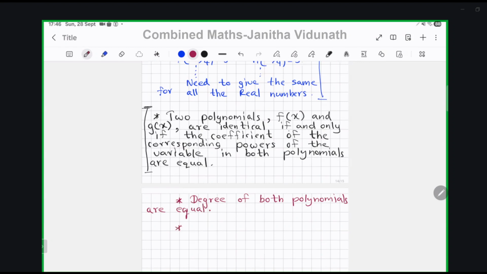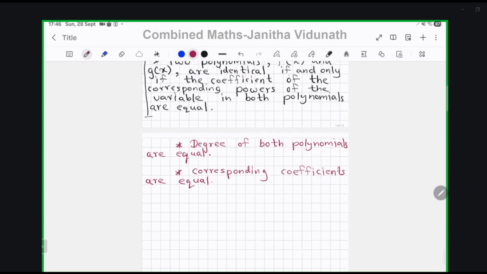And the second one is that corresponding coefficients are also equal. Corresponding coefficients also need to be equal.